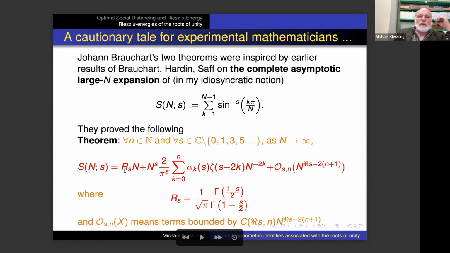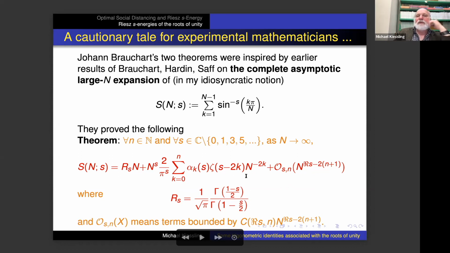Then there is some constant given here times n to whatever s is. Here you have this expression you saw before. Then comes a correction term, an error term that is smaller than this power, with coefficients that depend on the real part of s and on what n is.